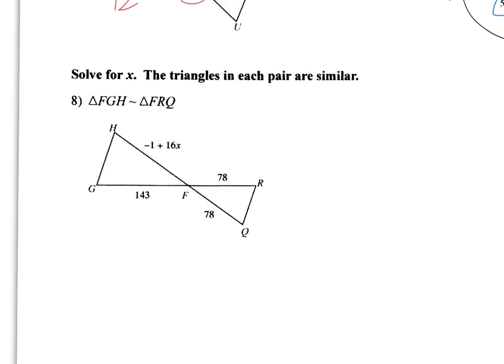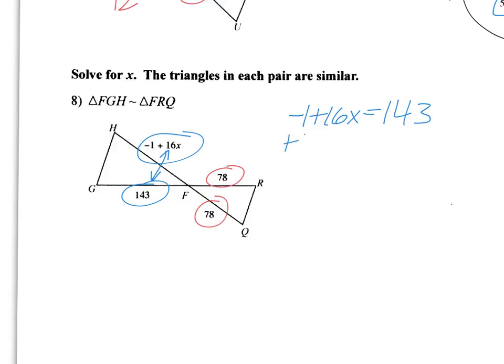Okay. Same sort of thing here. So again, here's another one. If we pay real close attention, that's an isosceles triangle. So that means this one is also isosceles, which means this has to equal that. So now again, you could do a proportion, but you don't have to here. So negative 1 plus 16x has to equal 143.